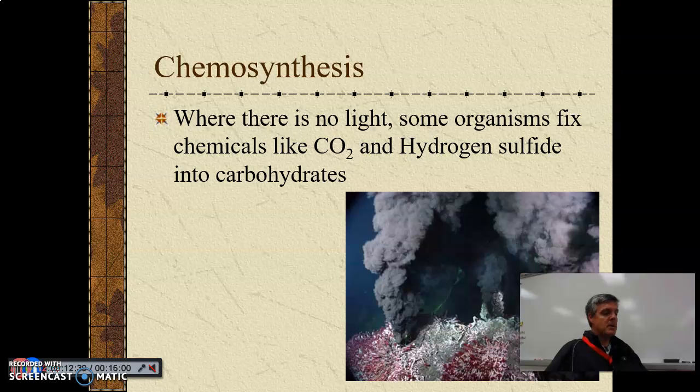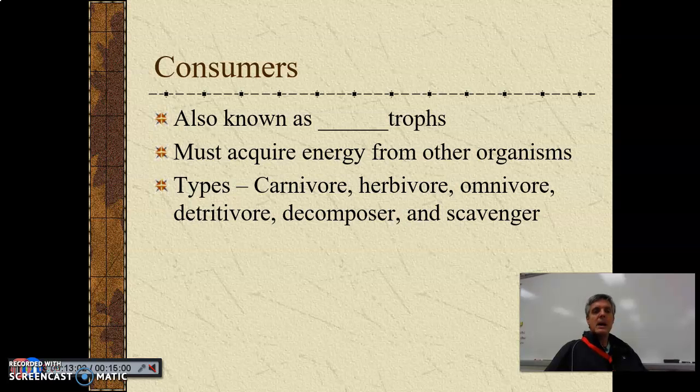This is way down. They're called deep sea vents, and there are whole ecosystems well below where there's any light. And so there had to be something else that was allowing these organisms to sustain an ecosystem down there. And it was chemicals that the earth was producing and expelling. So that's chemosynthesis, all right?